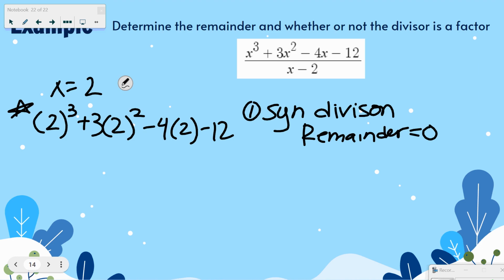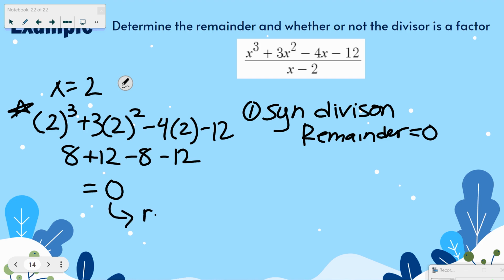Then I can use the remainder theorem to tell me if it is a factor. We'll have 8 plus 12 minus 8 minus 12. And what will that equal? 0. So if I equal 0 here, based off the remainder theorem, what do I know? It is a factor. This means my remainder is 0. So therefore, yes, it is a factor.